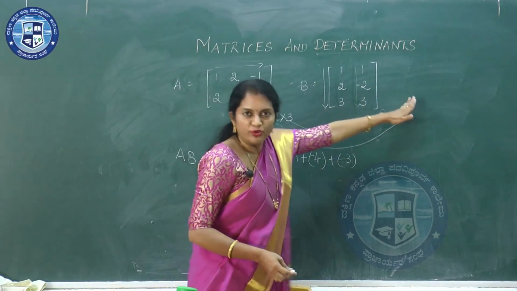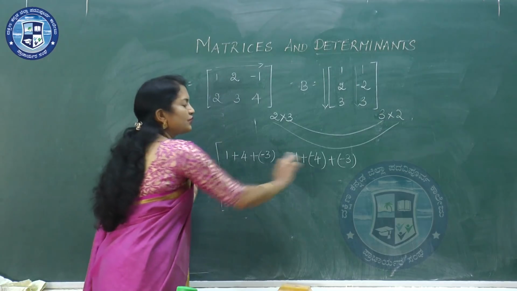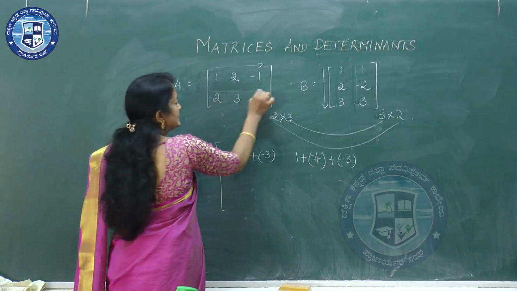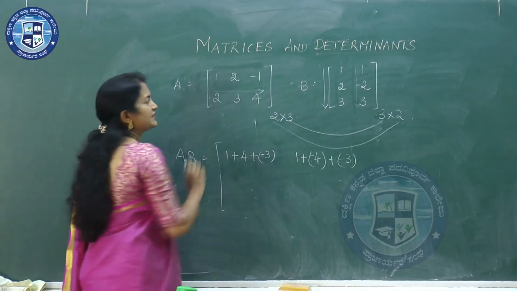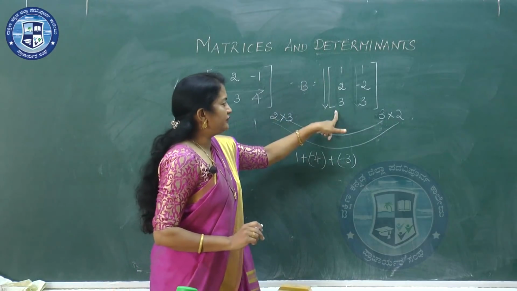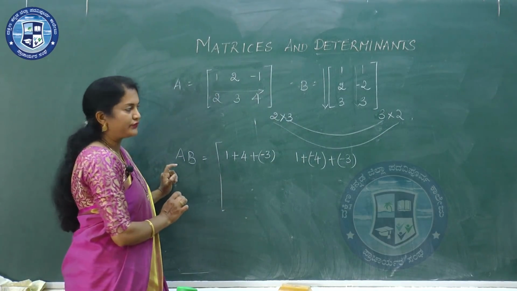Now there are no more columns to multiply with the first row. So first row elements are over. Now we will select the second row. Second row, first column, when we are multiplying, we will be getting the first element of the second row.